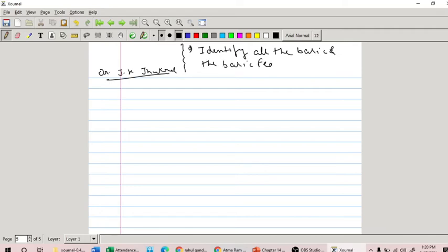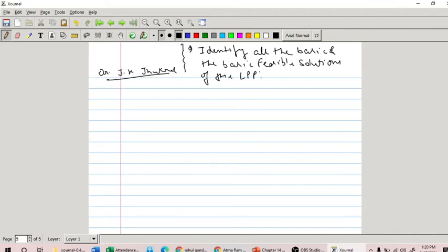So, this example is from the book of Dr. J.K. Thukral, and the example says that you need to identify all the basic and the basic feasible solutions of the LPP given below.